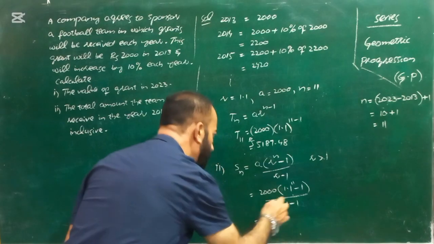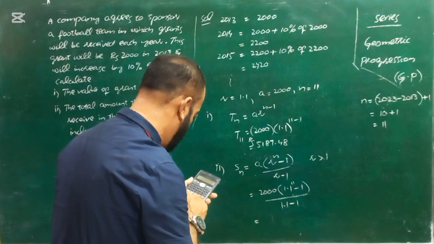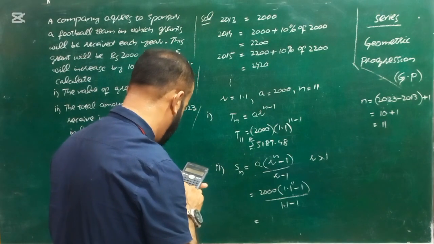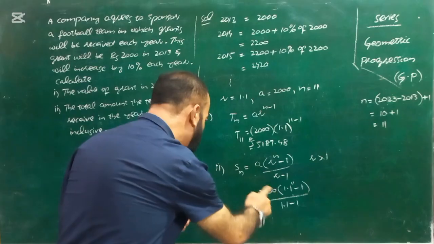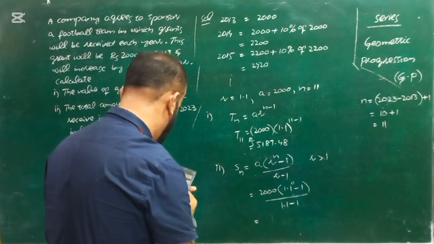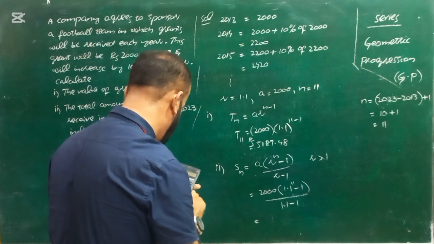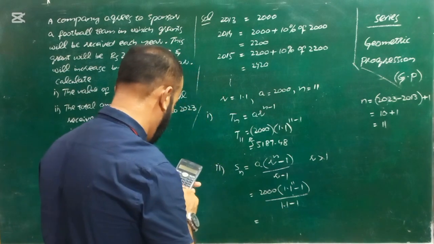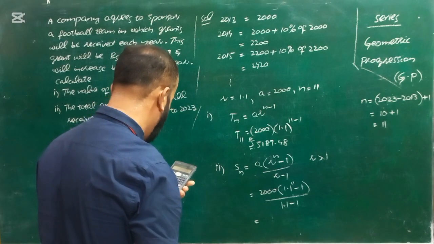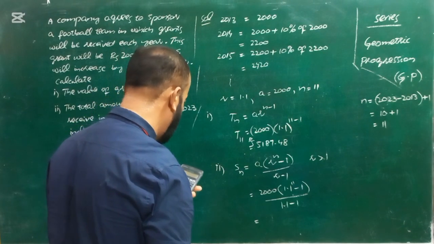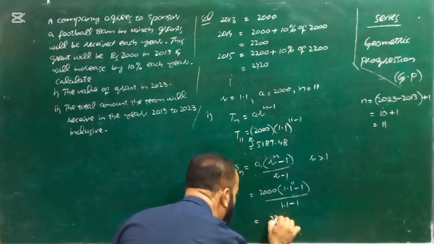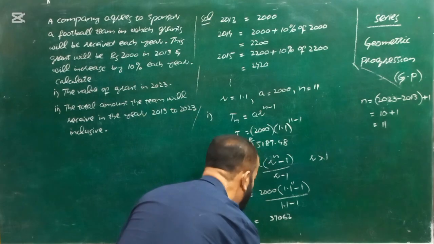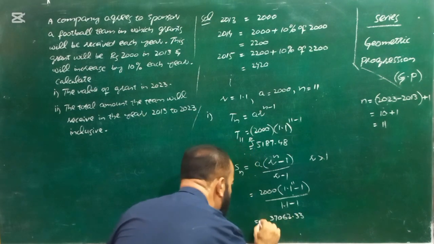So solving it now, 1.1 raised to the power 11 minus 1, multiplied by 2000, divided by 0.1. So the answer is 37062.33. So this is the answer.